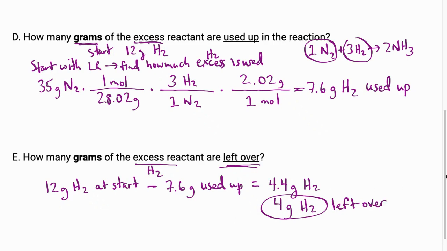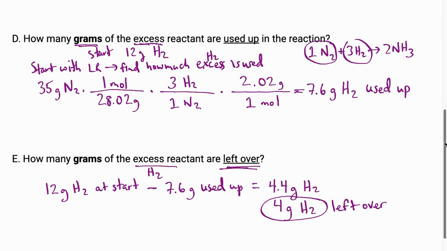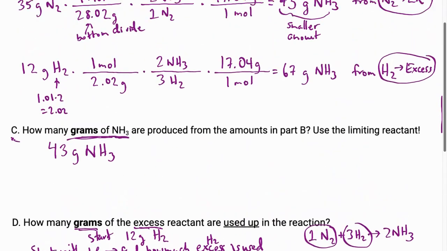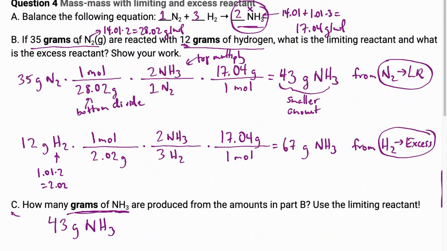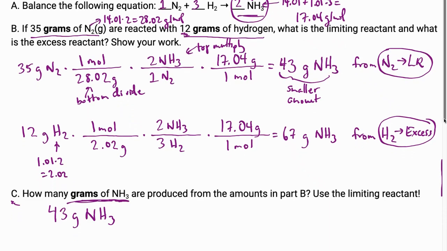All right, so we've gone through a whole limiting reactant problem with mass, starting with 2 reactant masses. We figured out how much NH3, how much product we could make from each of those reactants by doing 2 separate mass problems. The smaller amount is what is actually made.